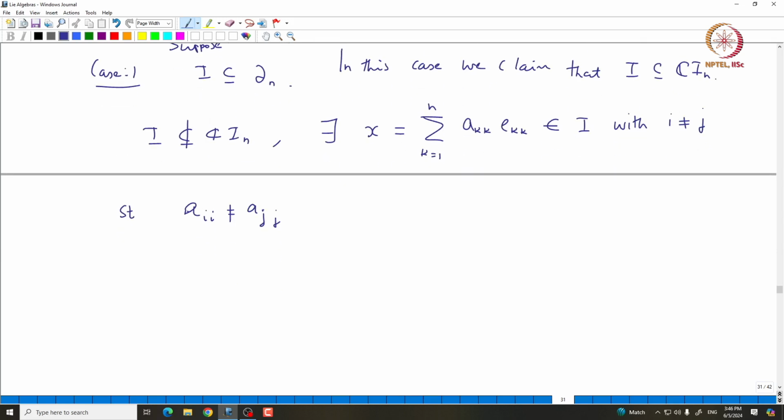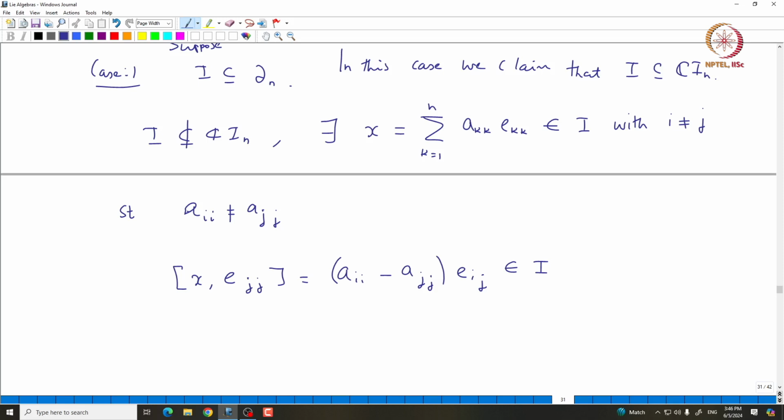Now it is easy to do the following computation. If you take the bracket [x, e_jj], then you can easily see that this will be exactly (a_ii minus a_jj) times e_ij, and this has to be inside I because I is an ideal.